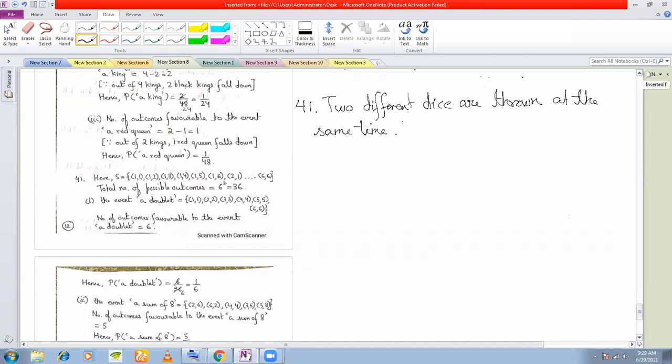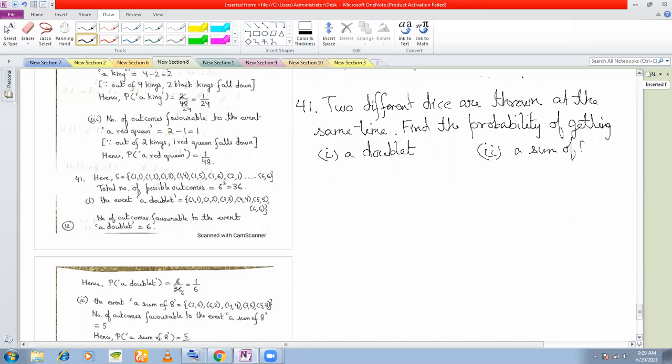Find the probability of getting: one, a doublet; 2, a sum of 8; 3, a sum divisible by 5; and the fourth one is a sum of at least 11.